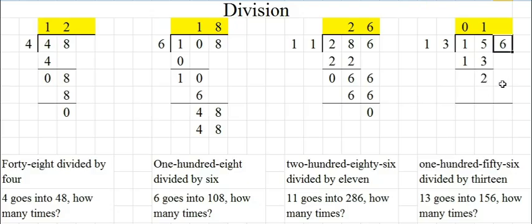And I would bring down the next number, which is 6. 13 goes into 26 2 times. If I multiply 2 times 13, I get 26. Now if I subtract these numbers, 26 minus 26 equals 0, and my problem is now done. I'm going to remove my placeholder 0. So 156 divided by 13 is 12.